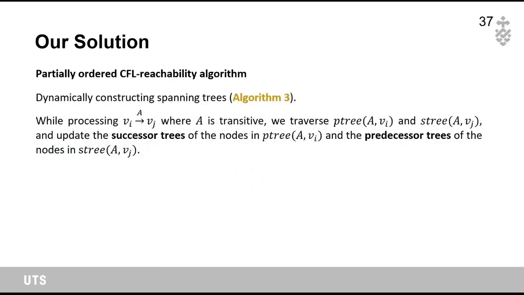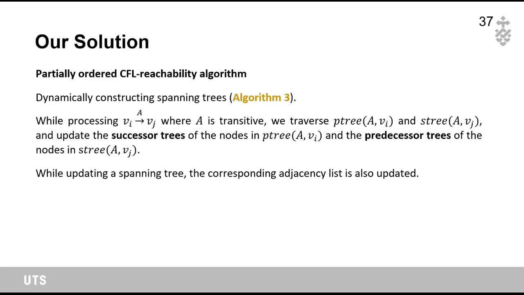Second, we have a dynamic construction method for spanning trees. Based on transitivity, the method traverses two spanning trees to update other spanning trees. Specifically, while processing an edge vi A vj where A is transitive, we traverse P tree A vi and S tree A vj and update the successor trees of the nodes in P tree A vi and the predecessor trees of the nodes in S tree A vj.